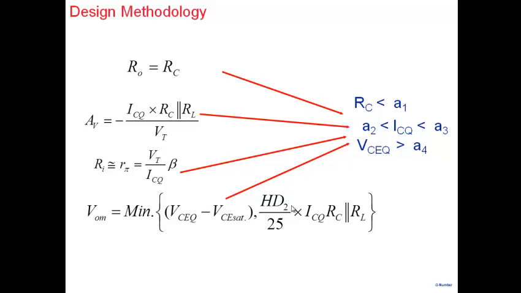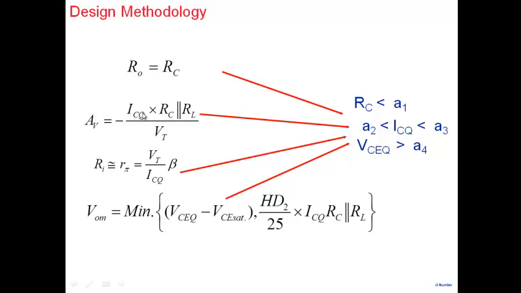Similarly, the voltage swing also puts a constraint. If ICQ is below a certain value, you will not get sufficient swing. This puts a limit on how large or small VCQ can be.